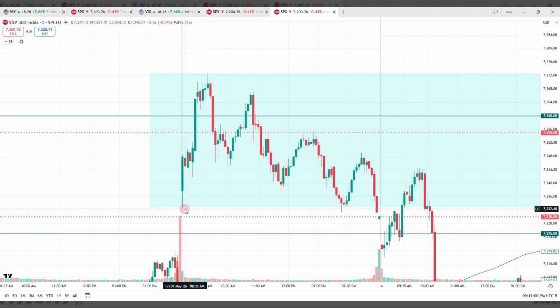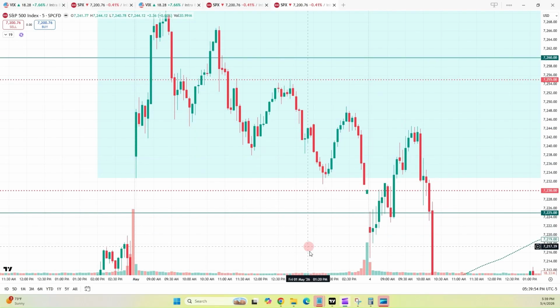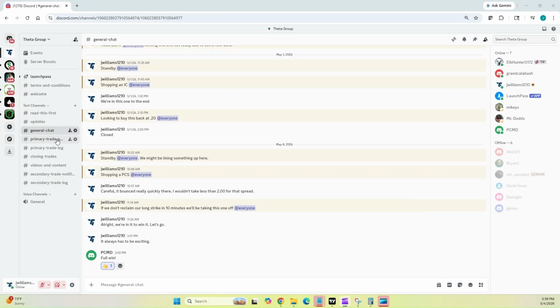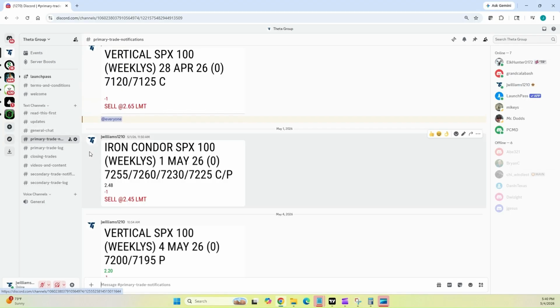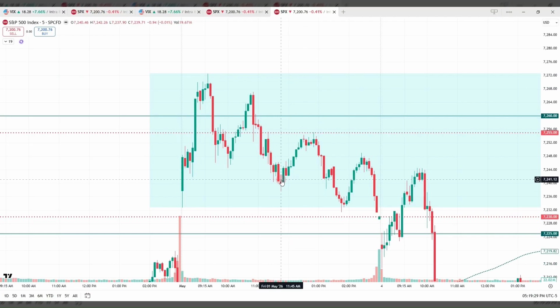We actually defined the first hour range, which I have here marked in blue, and we did actually stay in that range all the way up to the trade, which was around here. So looks like I got the alert out on Friday at 11:50. We sold it for 245, and again that would have occurred right around here.